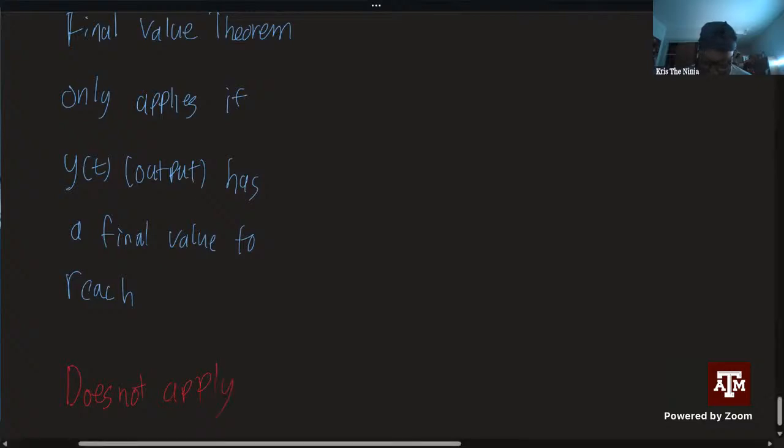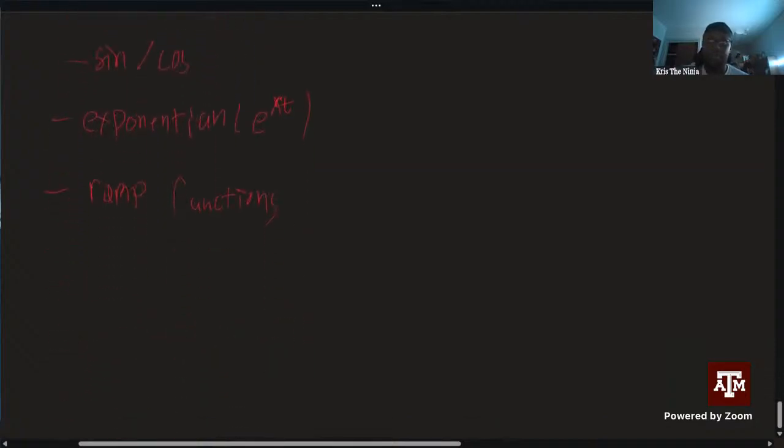It doesn't apply to sine or cosine functions, exponents, or exponential e to the xt, ramp functions, or anything else with an infinite reaching value.